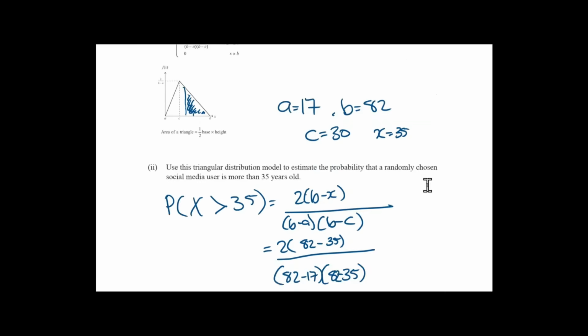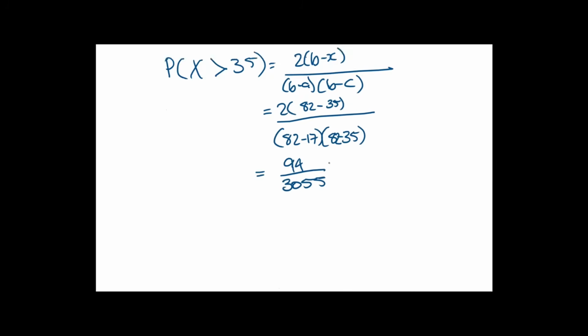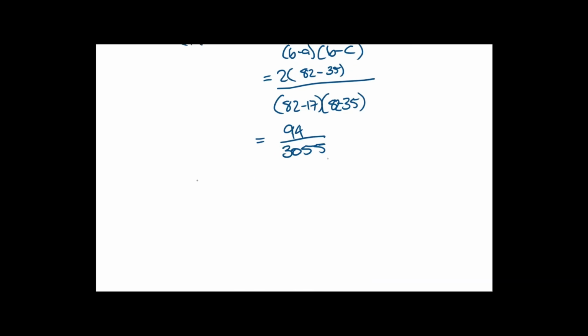What this is, is the distance from here to here. But we want this area here, so we're going to need to use the geometry of triangles. The area of the triangle is half the base times the height. And the base is 82 minus 35.